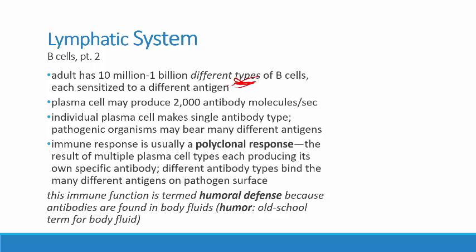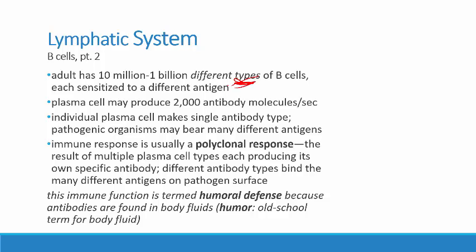Each one of these 10 million to 1 billion types is sensitized only to one antigen. And as the offspring plasma cells of the B cells really crank up the production of antibodies, one plasma cell can produce as many as 2,000 antibody molecules every second.